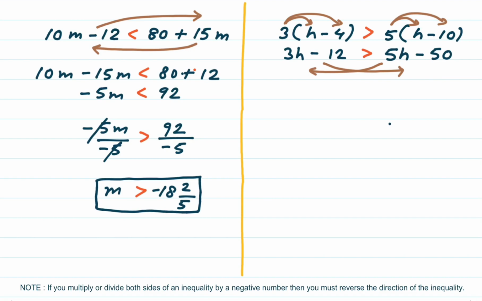So this gives me 3h minus 5h greater than negative 50 plus 12, which is now negative 2h greater than negative 38.